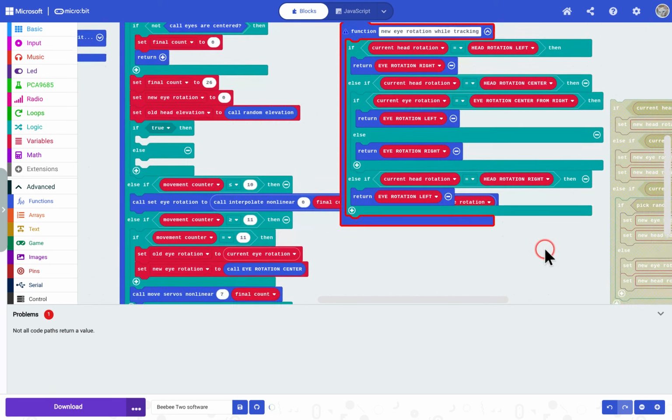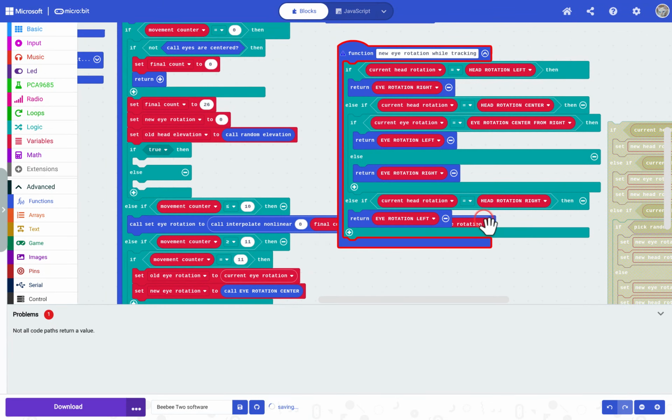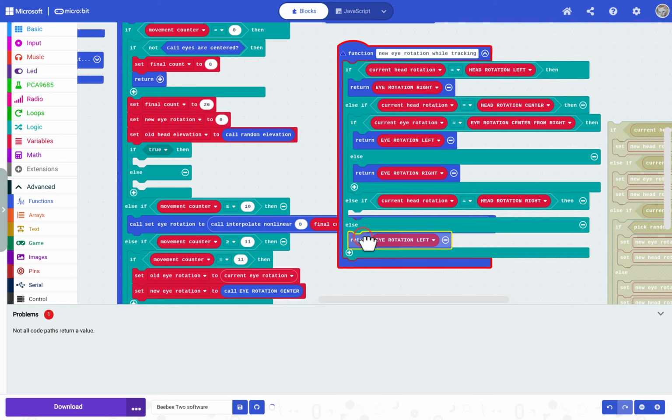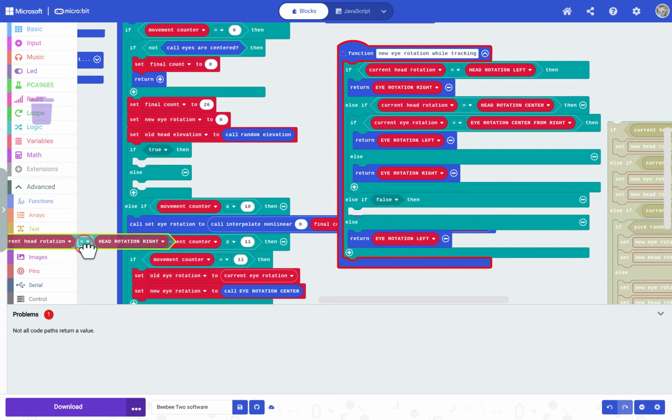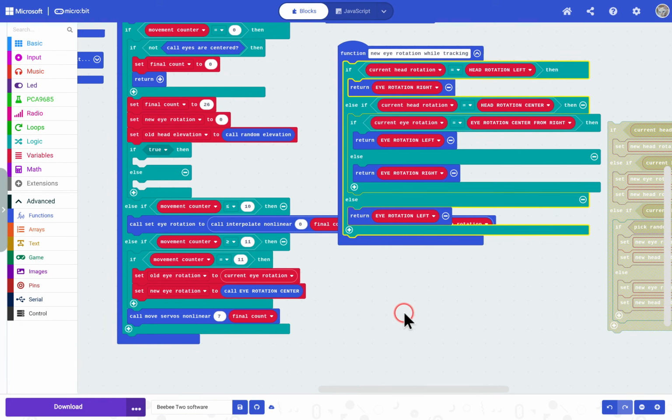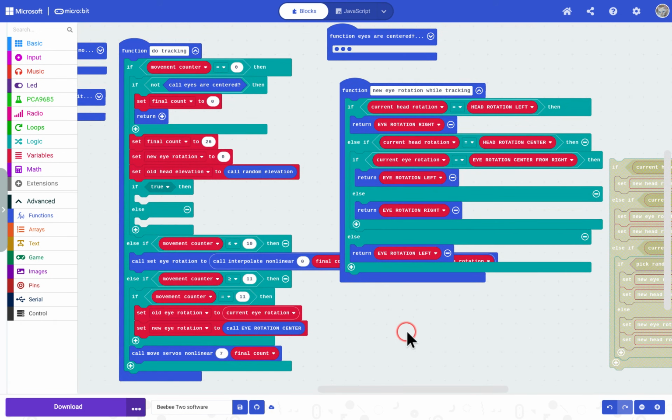And unfortunately, because we don't have an else, it's telling us that we're broken. Turning that last thing into an else will ensure that MakeCode now knows that we're going to return something, even though we had all of our bases covered.